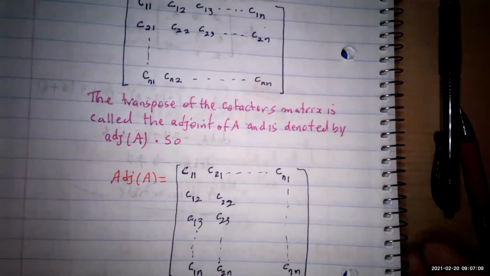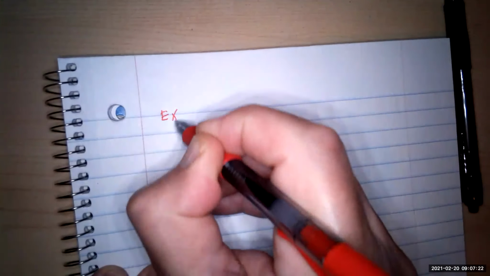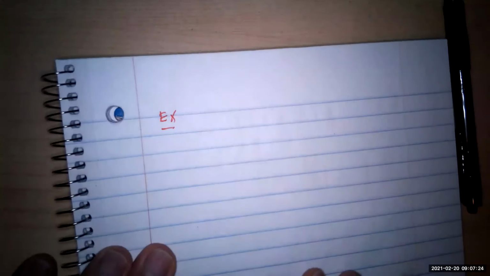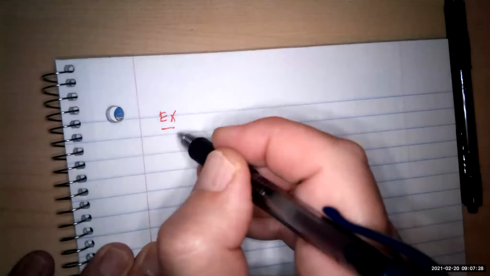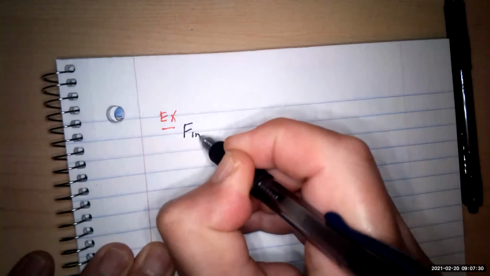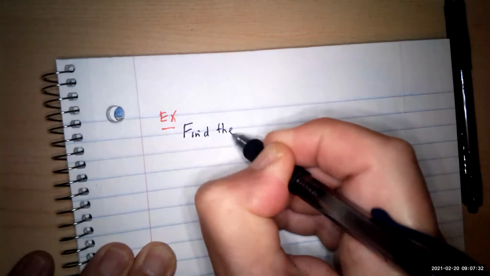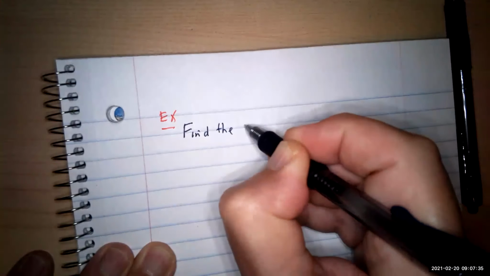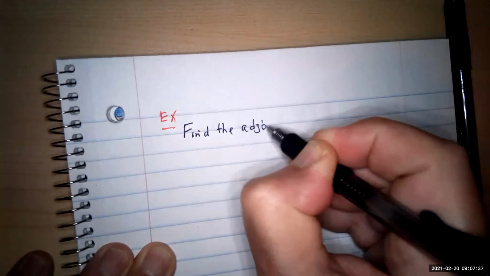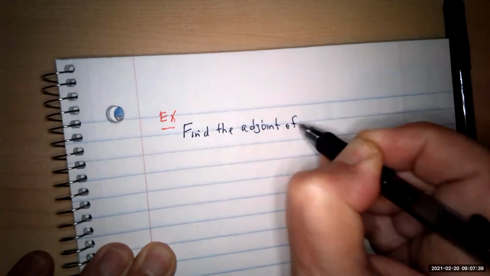Let's do an example. This is your first job. A matrix would be given, and you are going to find the adjoint of the matrix.